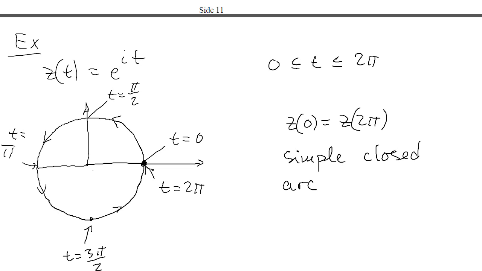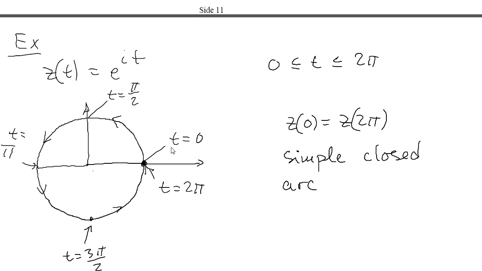Okay, let's have another example. Here we have the arc defined by z of t equal to the exponential function of it, and here a is equal to 0 and b is equal to 2 pi. So t, you can call it the time, starts at time t equal to 0 and ends at t equal to 2 pi.